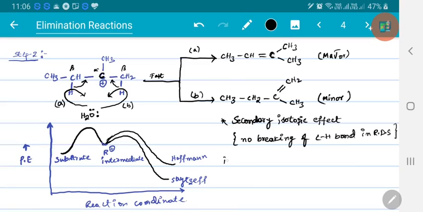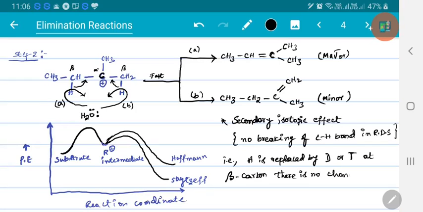That means, if a hydrogen is replaced by its isotope, either deuterium or tritium, at the beta carbon, because this has to abstract hydrogen from the beta position, there is no change in the rate of reaction, because abstraction of hydrogen is not the rate determining step.